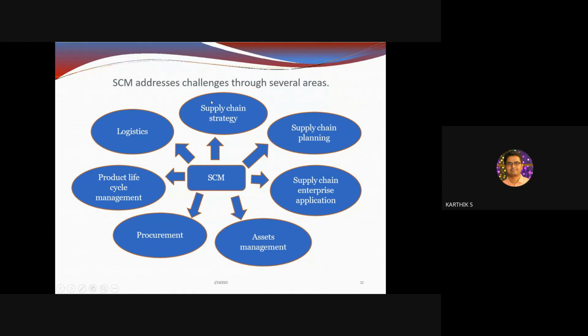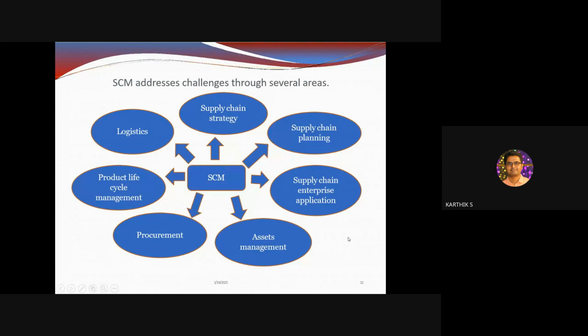Then a proper supply chain strategy. Without the strategy, you won't even be able to achieve the logistics. The strategy has to be put into a well formulated supply chain planning, and the planning has to be in such a way that its application is achievable, and in order to achieve that, you should have proper assets.